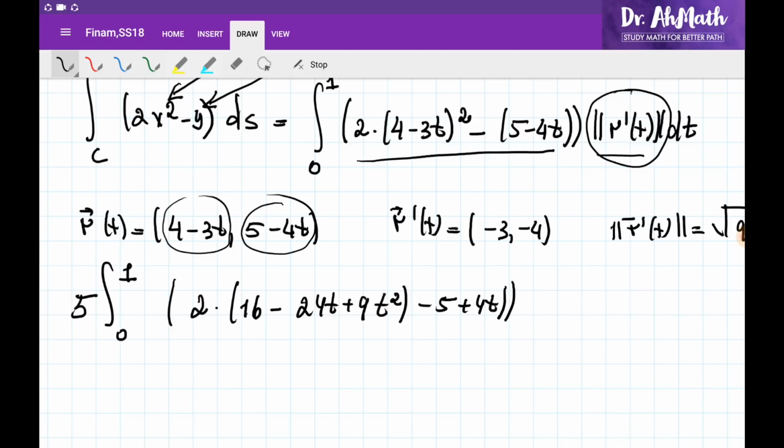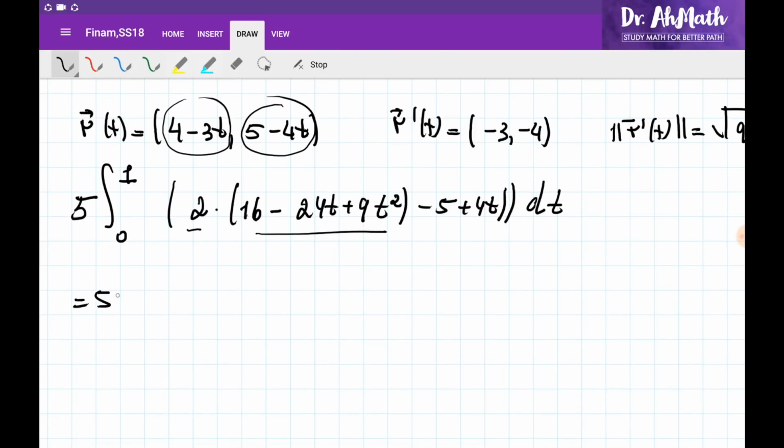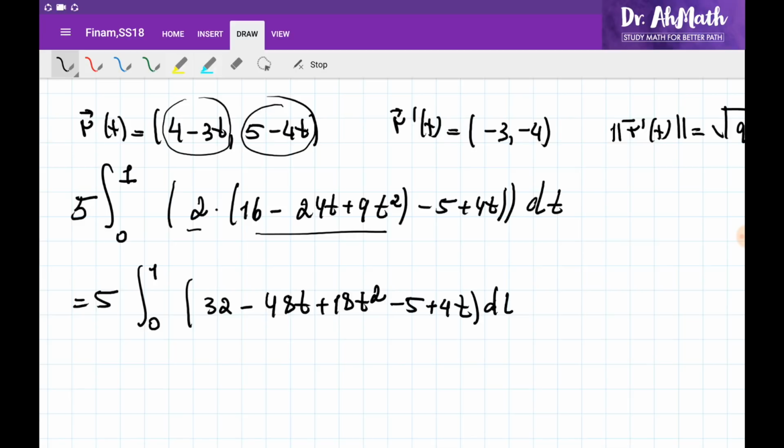So let's multiply this t into all the terms in these brackets and simplify them. It's going to be 5 multiplied by the integration from 0 to 1 of 30t minus 48t plus 18t squared minus 5 plus 4t dt.